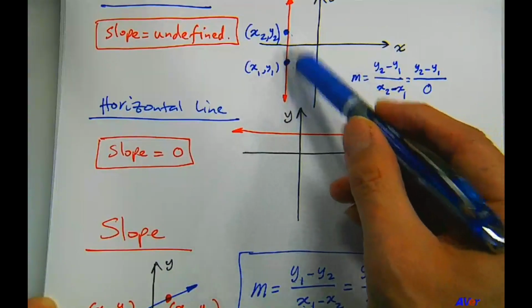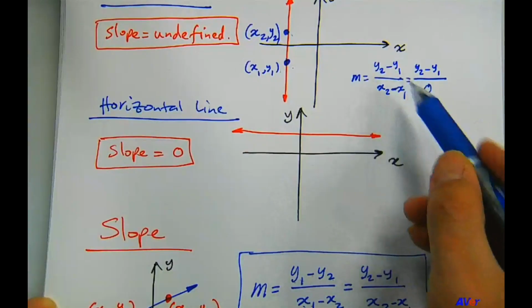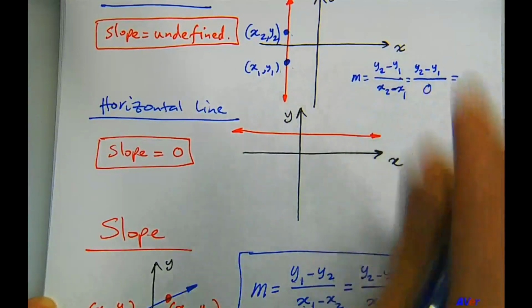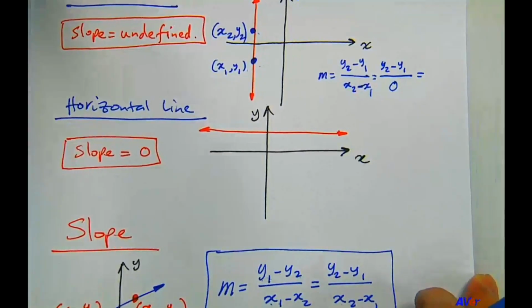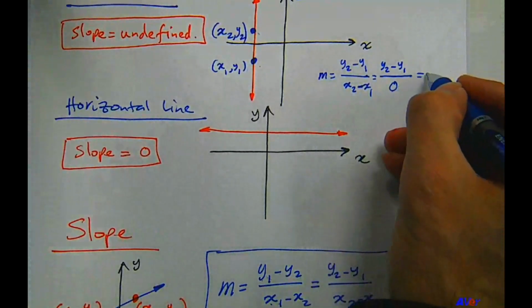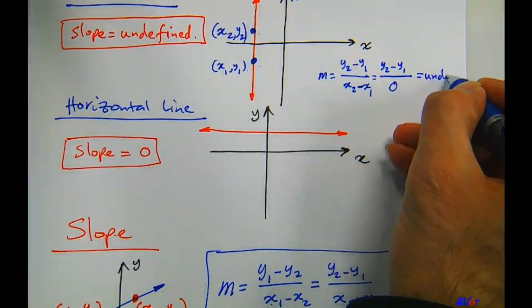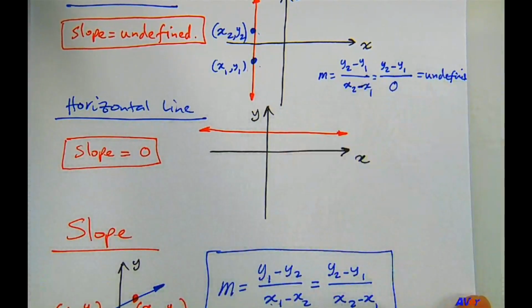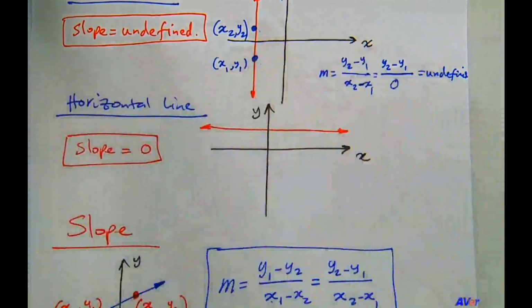The x coordinates have to be the same. So if you subtract them, you get 0, and we cannot divide anything by 0, so this will be undefined. That's why the slope of any vertical line is always undefined.